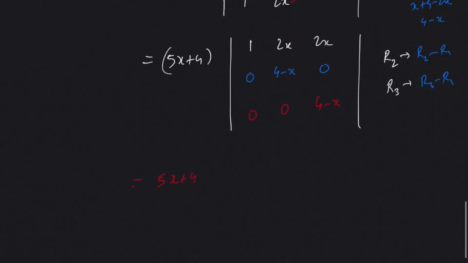So now what we will do is we will expand along C1. So that will be 1 into 4 minus x, 4 minus x, minus 0, and the other elements will be 0 because we are expanding along C1.